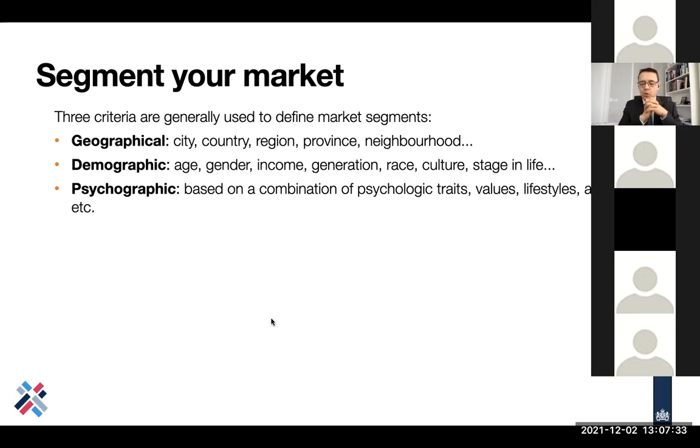And why is that important? Because in marketing, the more you manage to have very defined characteristics of your buyer, of your client, of your customer, of your consumer, the more you're capable of understanding what drives their consumption, what drives their purchasing habits, what drives their behavior.